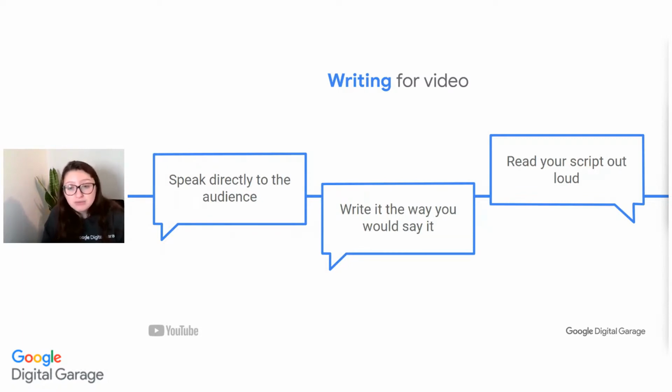I'm speaking live to you. If you're someone who wants to create a full script, can you write that script down in the way that you would say it? And the way that you can tell that is once you've written down your ideas of what you want to say, read it out loud. See what fits your natural intonation and what doesn't.